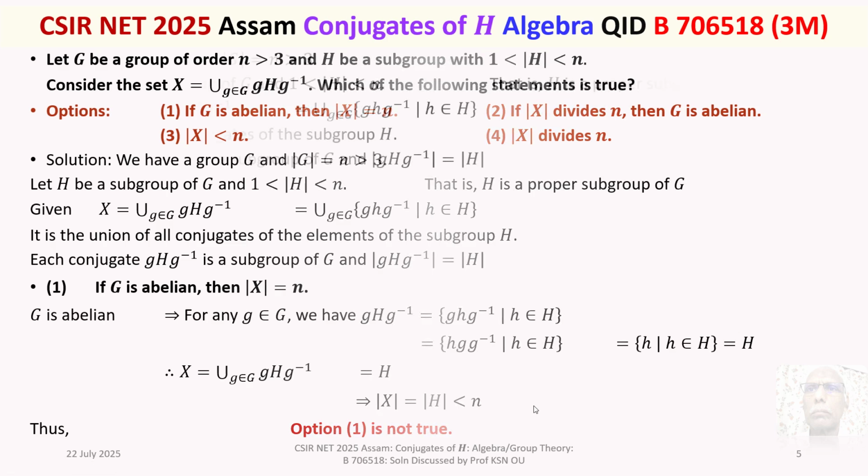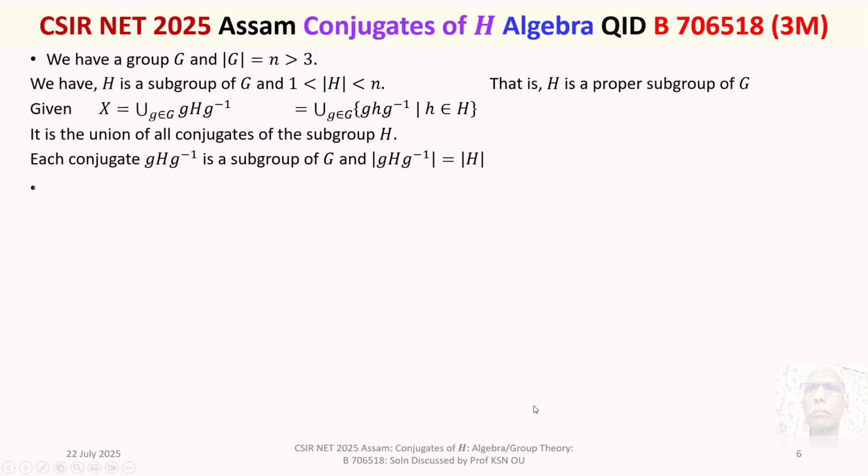We move to the next slide. Option 2. If mod X divides n, where mod means the order, so if the order of X divides n, then G is abelian.